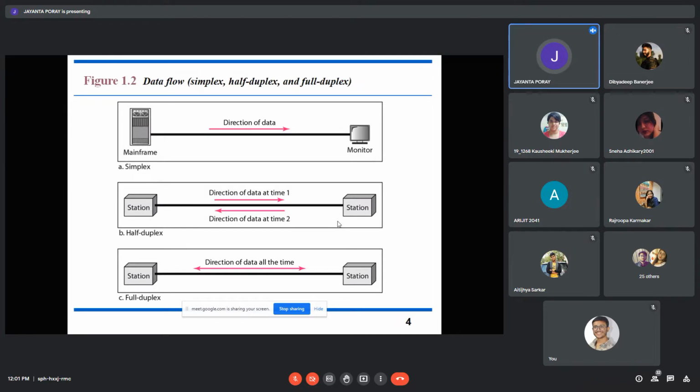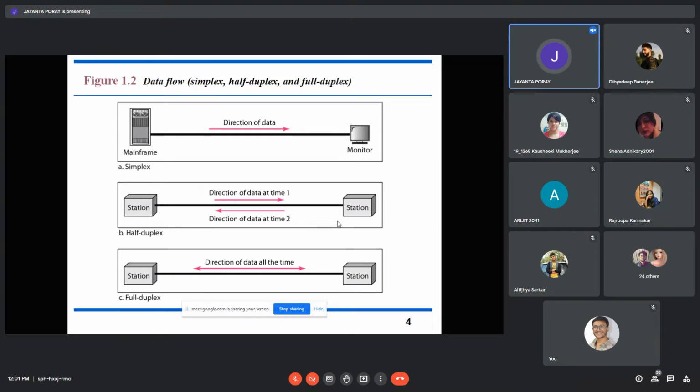The data is flowing in that direction only. Then, after the speaker completes, the next party can speak. So when I consider a VoIP call over the internet, I am actually using half duplex type of data communications. That means both-way communication is feasible, but one at a time.